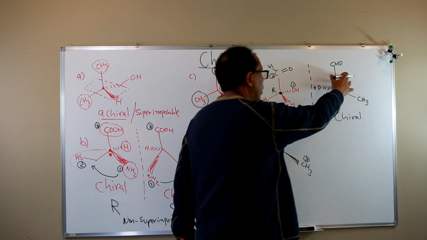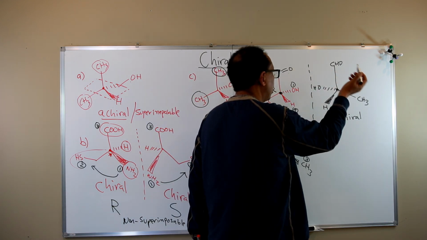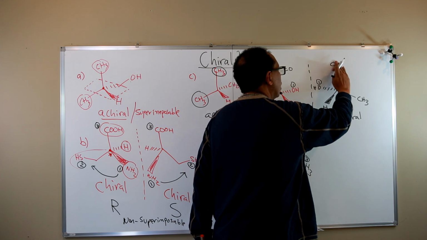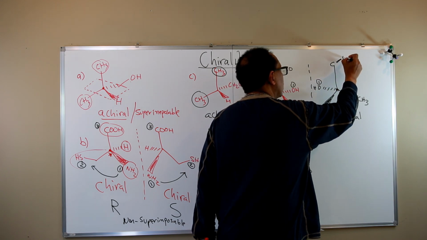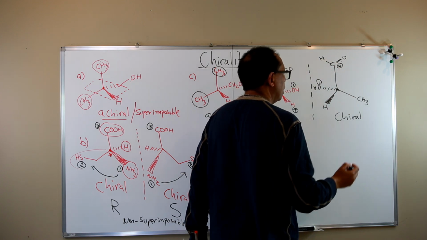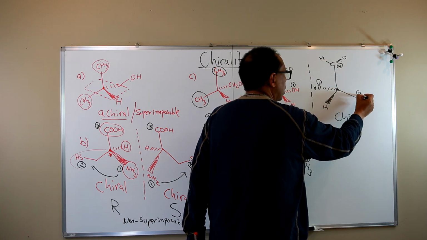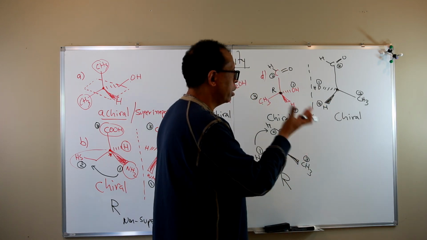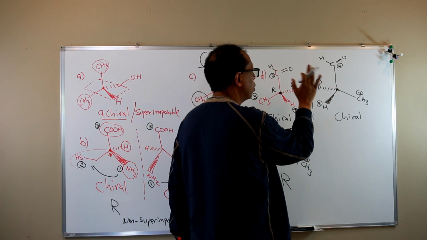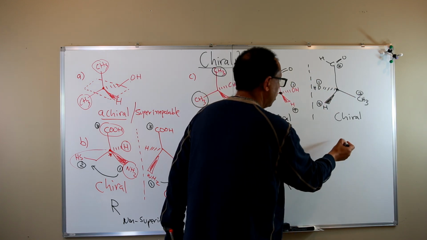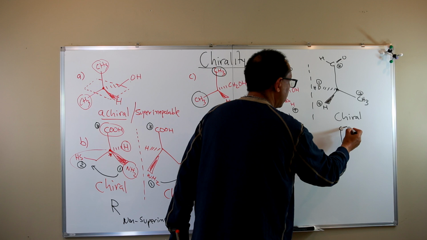How about this one right here? So assignment priority is 1. Let me redraw this. This is actually this. That's why it's priority 2. This is priority 3. This is priority 4. So redrawing this by pushing hydrogen to the back, by rotating it to the left, would give me CHO.